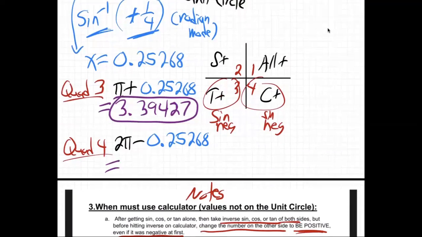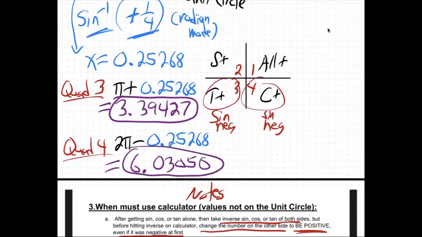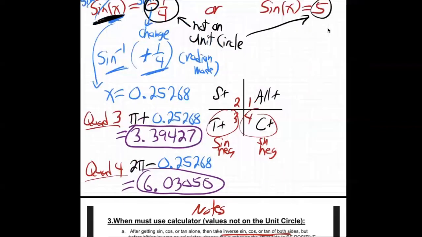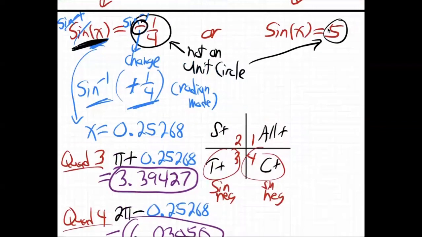I'm getting 6.03050. Okay, so those are the two answers where sine is going to be negative 1/4.